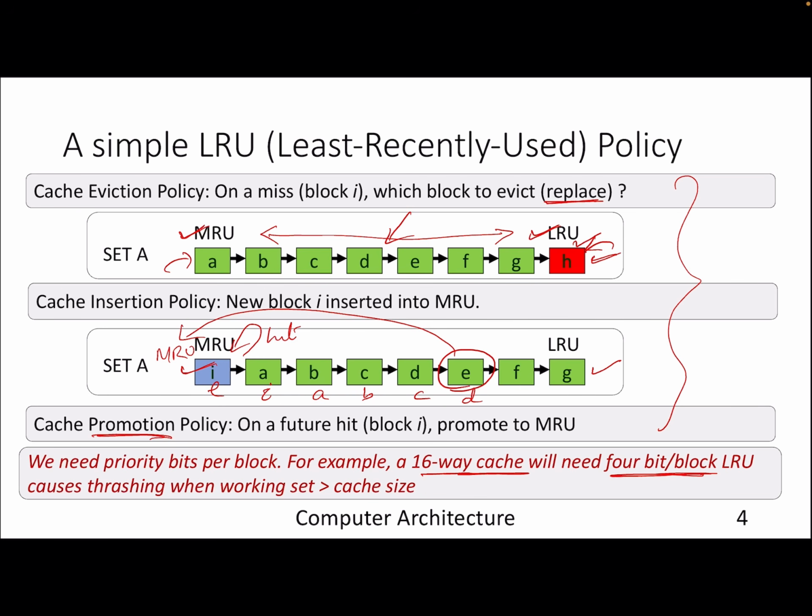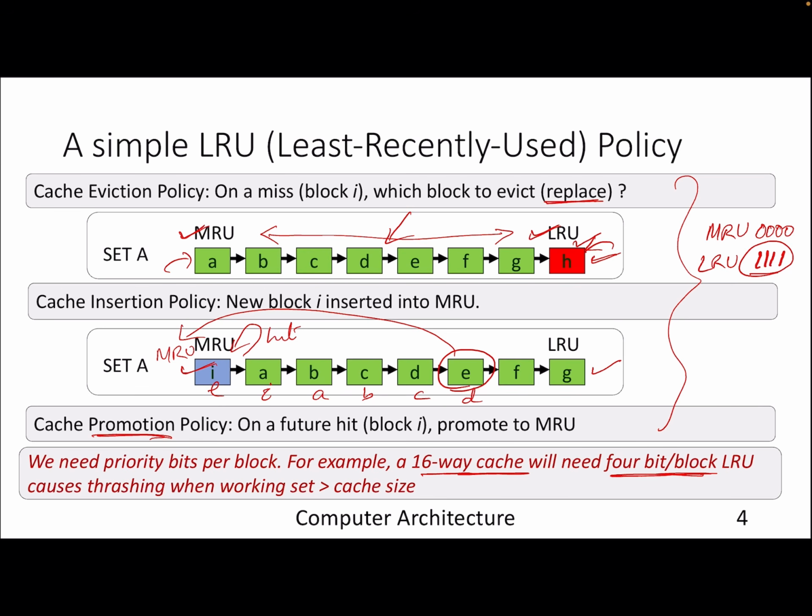Those 4 bits signify your position in terms of MRU or LRU. For example, for MRU you can say 0000, and for LRU you can say 1111, right? So this is for a 16-way associative cache. Any block that has the value 1111 will get replaced. So that's the eviction policy.